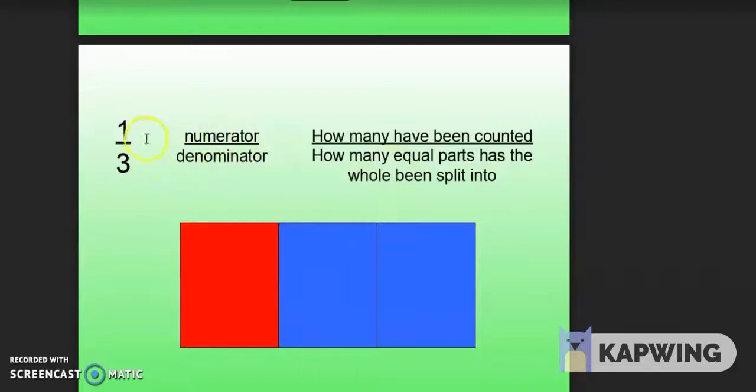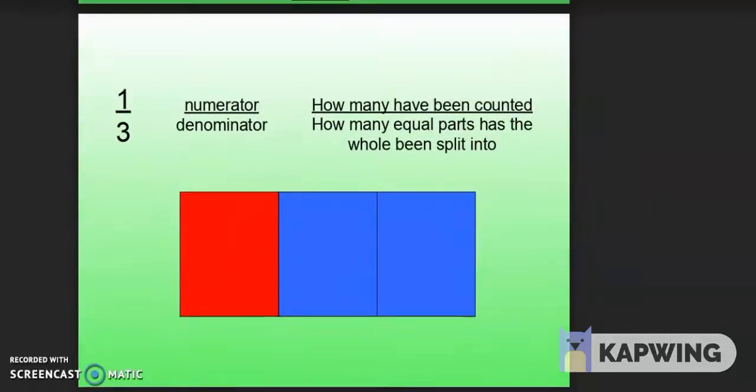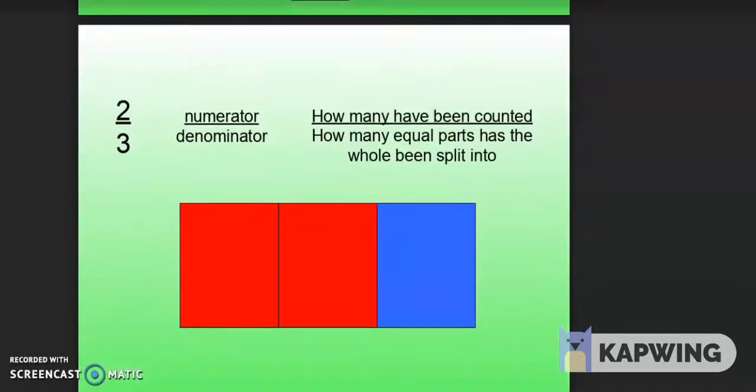The numerator, 1. The denominator, 3. There are 3 sections to this whole: 1, 2, 3. But we're only counting the 1. So we're saying we have 1/3 of the 3. It'd be like 1/3 of the class was at school today. So 1 out of the 3 groups.